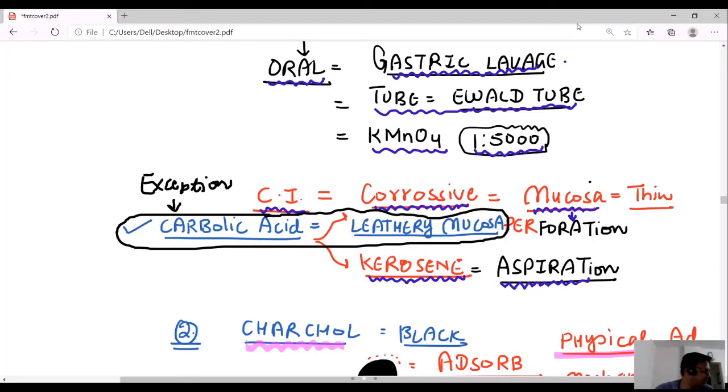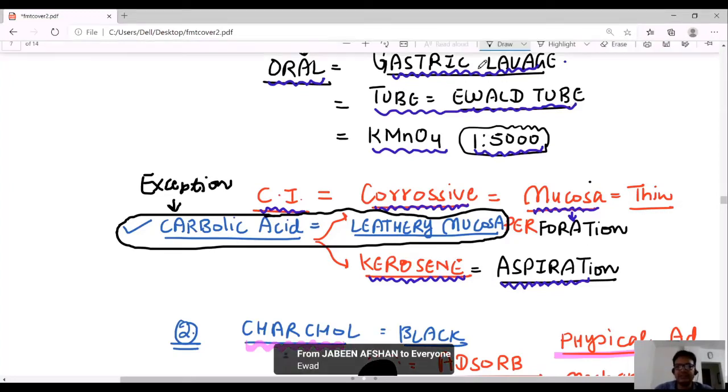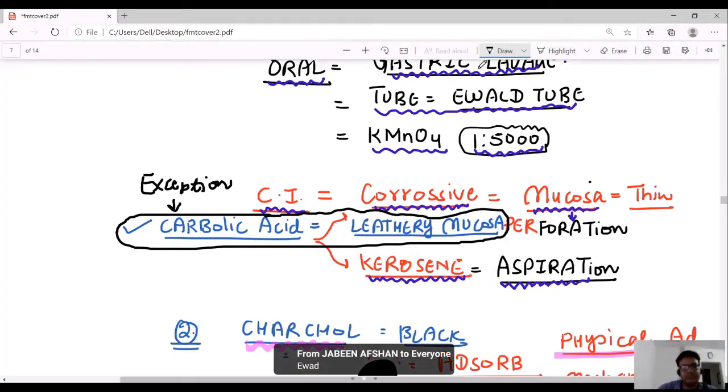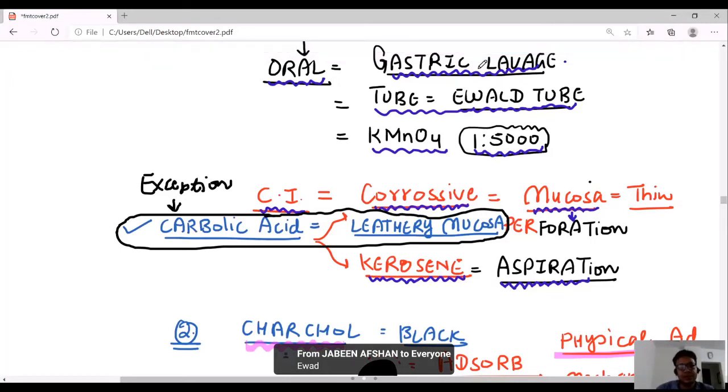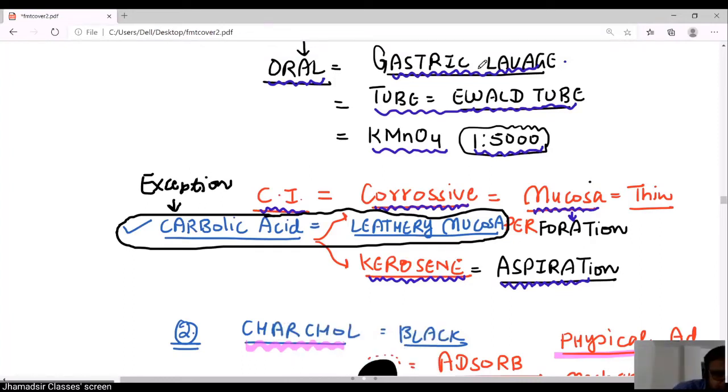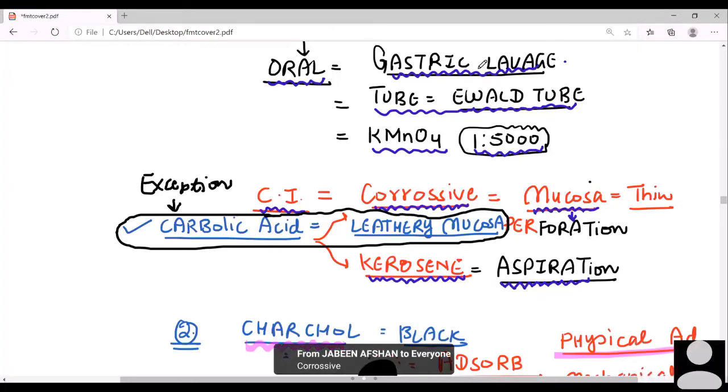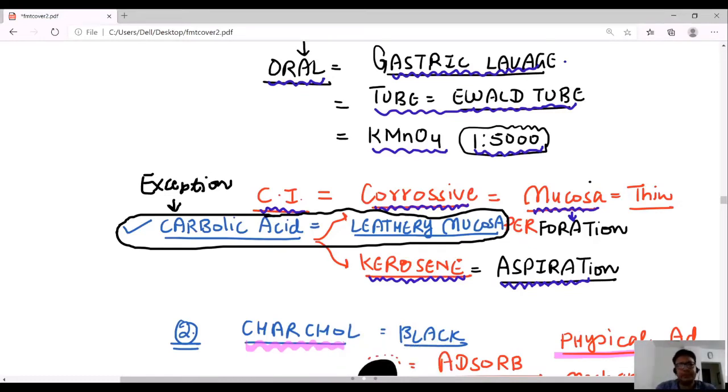Let's revise with me. What is the name of the tube for gastric lavage? Ewald tube. In which poisons is gastric lavage contraindicated? Corrosive and kerosene. In which corrosive can gastric lavage be done?